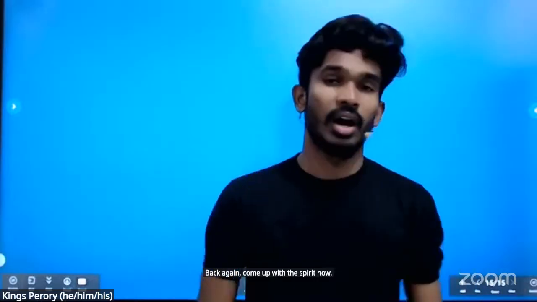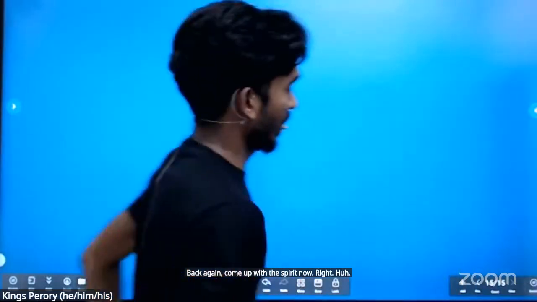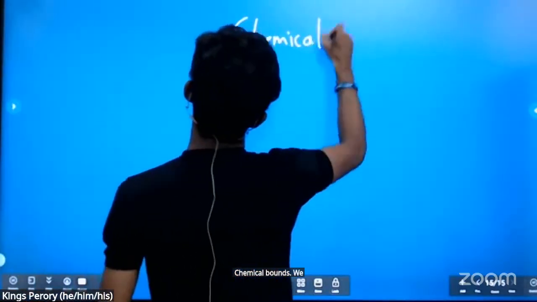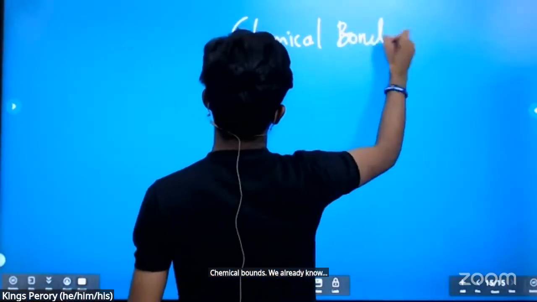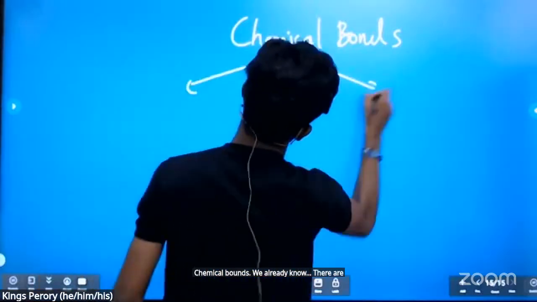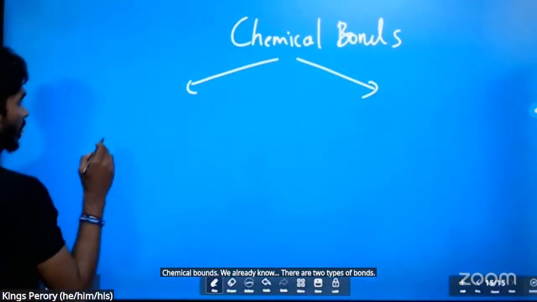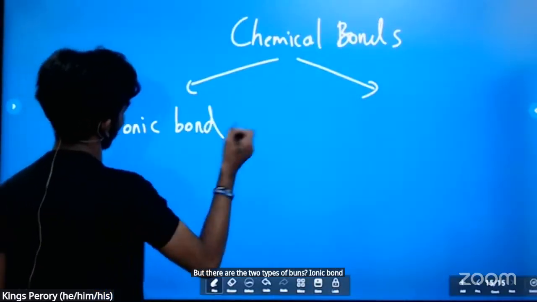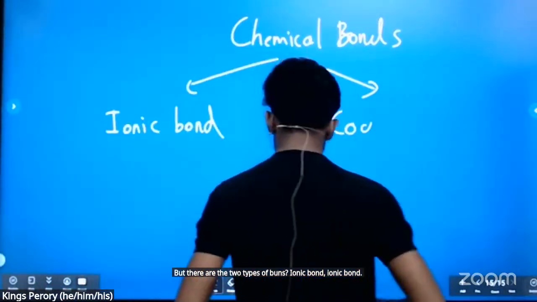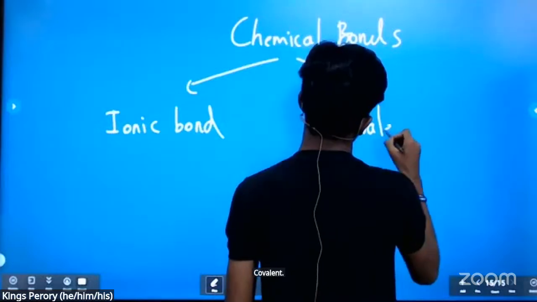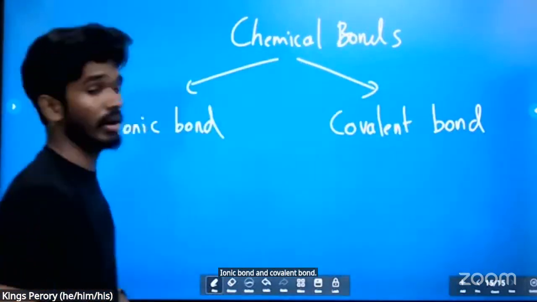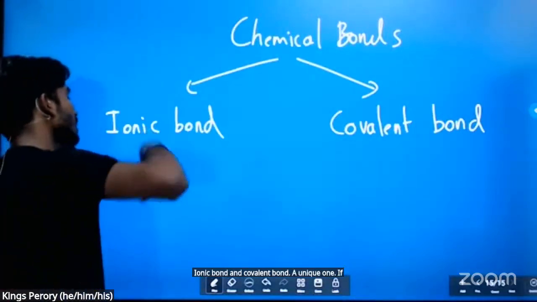Right. Chemical bonds. We already know there are two types of bonds. What are the two types of bonds? Ionic bond and covalent bond. If ions make bonds, ionic bond.